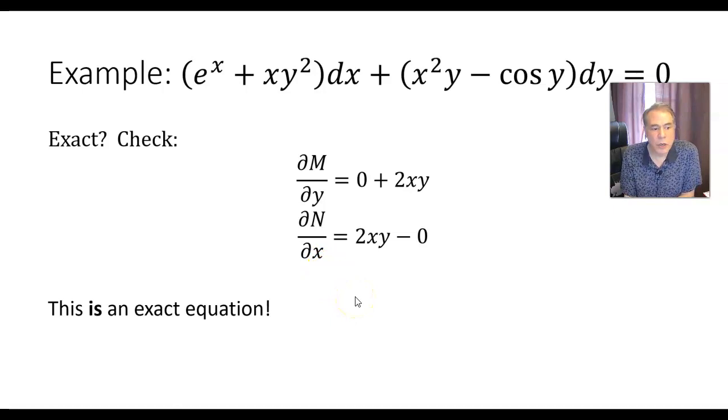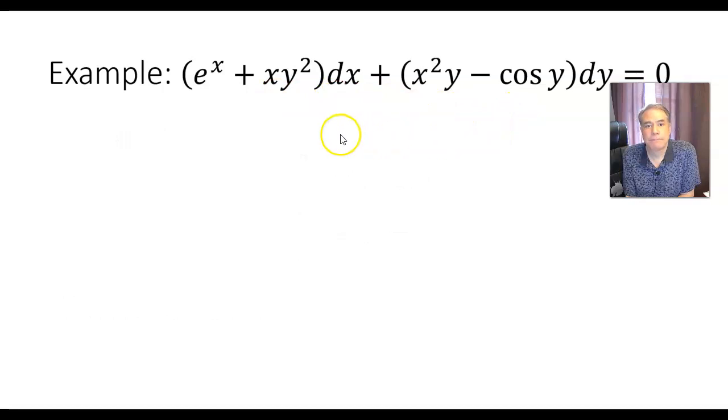So, now that we know it is an exact equation, let's solve it. Let's find what the f is that this is the total differential of. That means that the partial derivative of that f with respect to x would have to be e to the x plus xy squared.